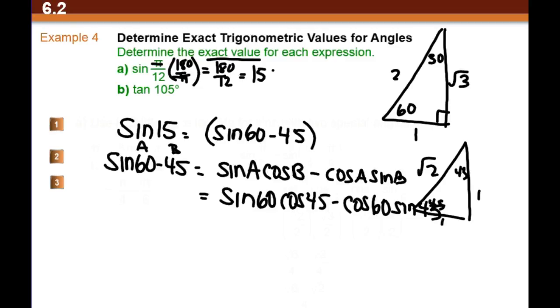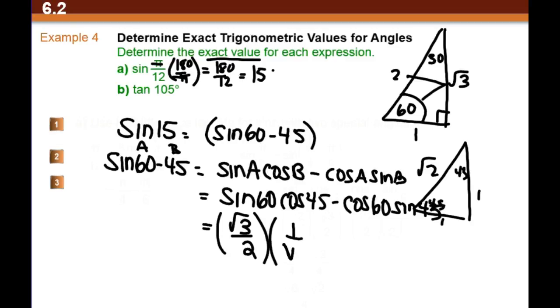Okay, so then now we need to know what sine 60 is. And yeah, you could go on your calculator and get a decimal, but that's not an exact value. So sine 60 is opposite over hypotenuse. It's root 3 over 2. And that's times cos 45. So cos 45 is adjacent over hypotenuse.